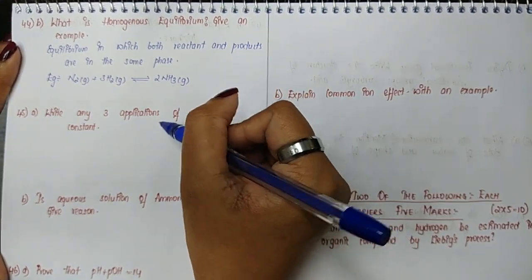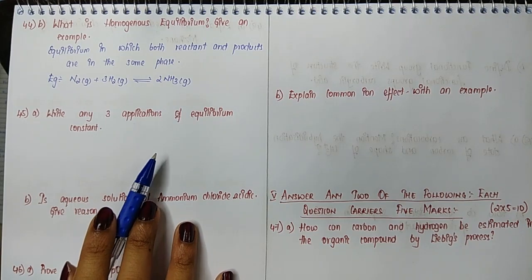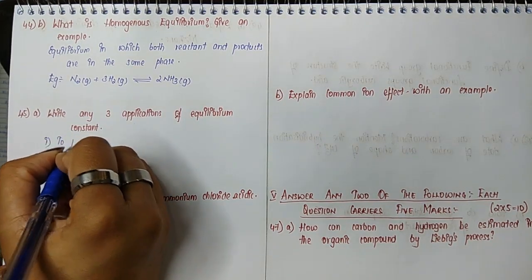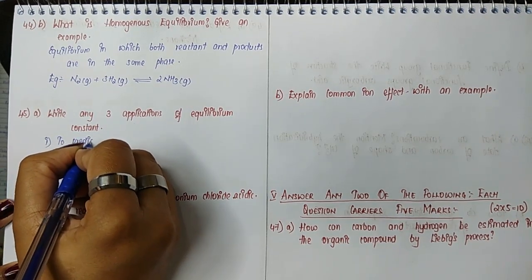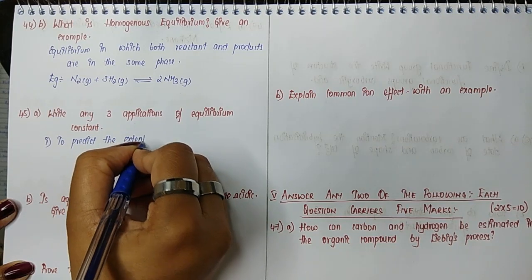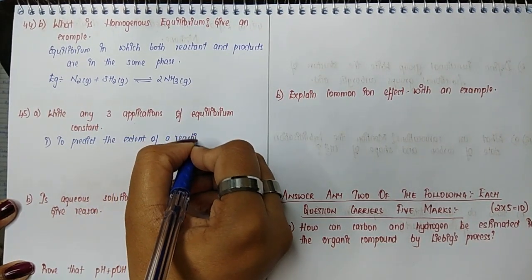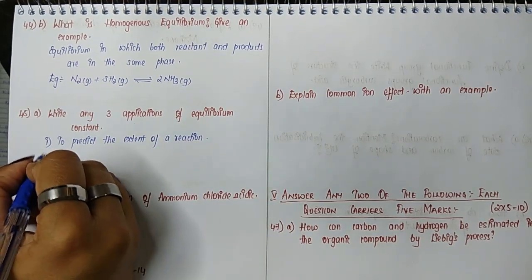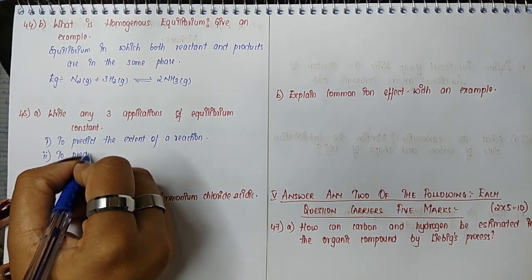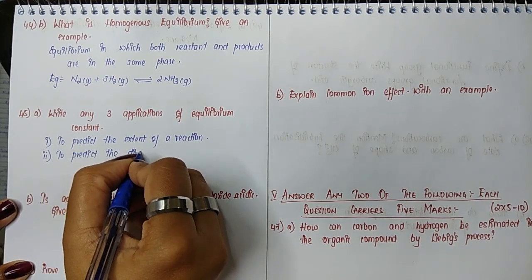Now the next one is: write any 3 applications for equilibrium constant. So 3 applications. The first one is to predict the extent of a reaction. Second one is to predict the direction of a reaction.